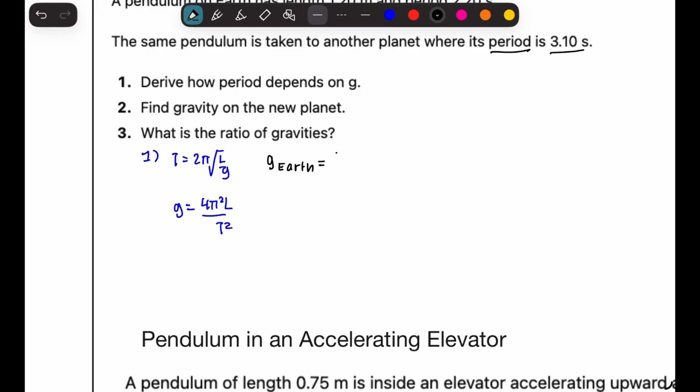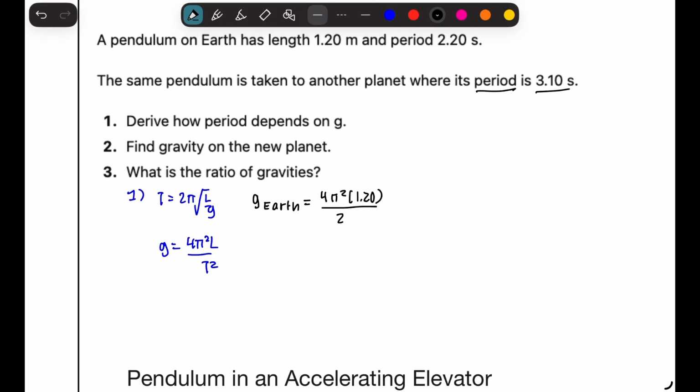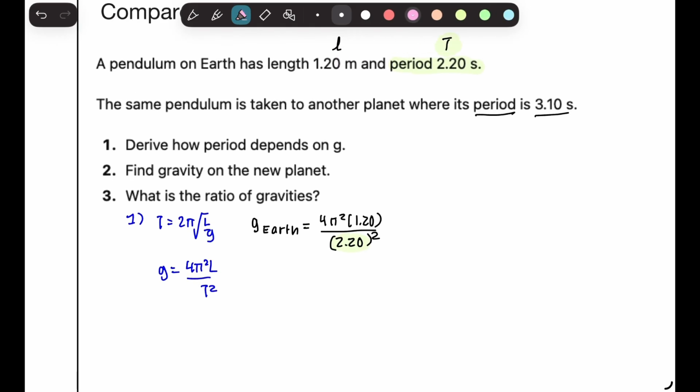So that's 4 pi squared, and that's 1.20, and we have 2.20 squared. I'll highlight these so you see where they come from. Period 2.20 T, and we have our 1.20 L there.